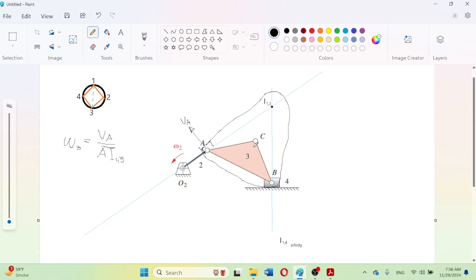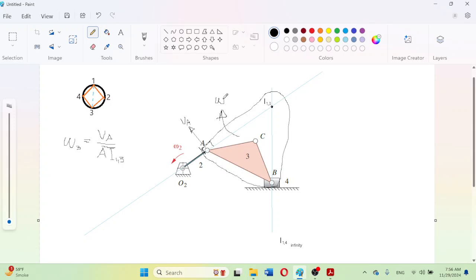So that means the center is on the right of this velocity V. So this velocity will be rotating this body in this orientation, like this. So this is the direction of omega 3.